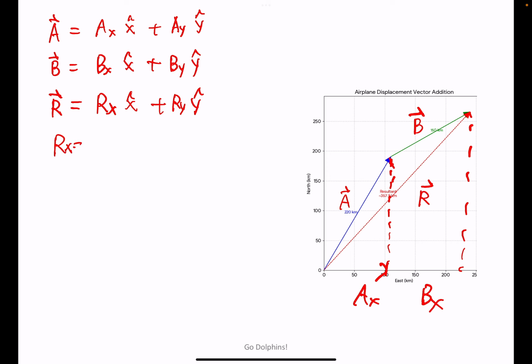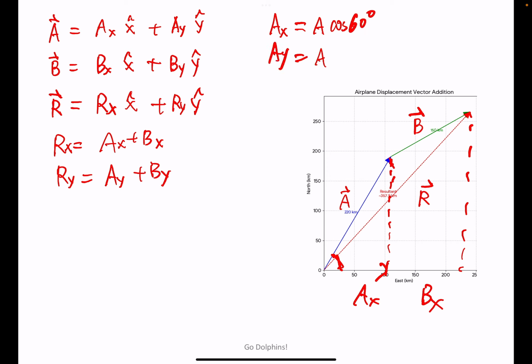So how do we find Rx? Ax plus Bx. How do we find Ry? Ay plus By. So it turns out that we need to find what is Ax, what is Ay. So we need to do this. Ax is A cosine. Which angle should we use? The angle of A, which is 60°.